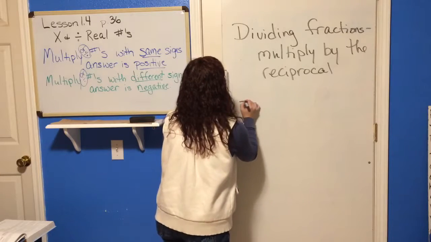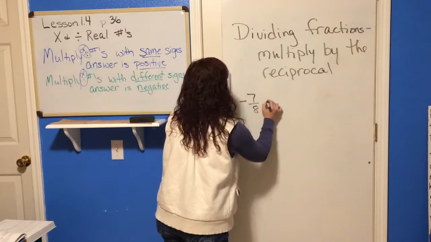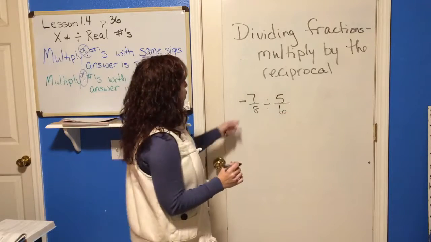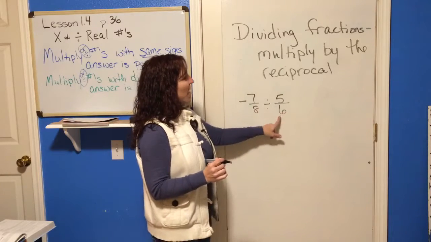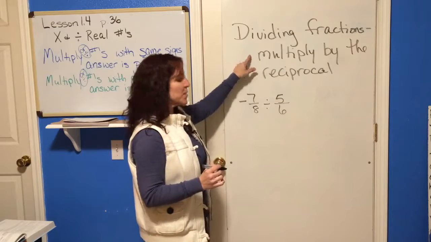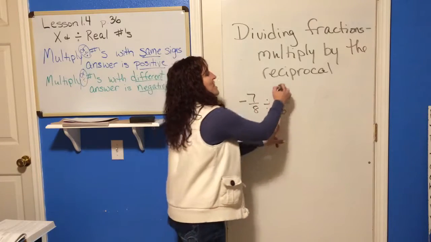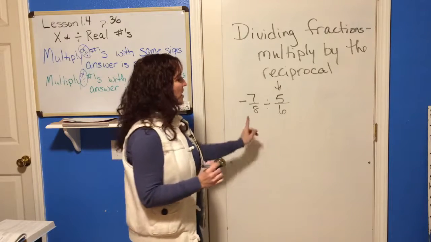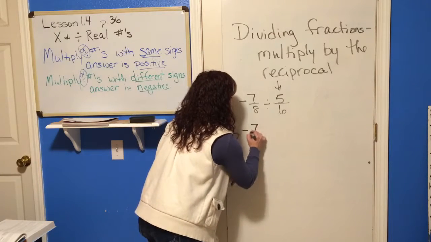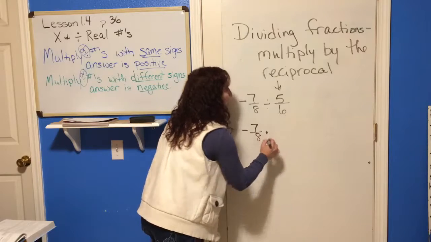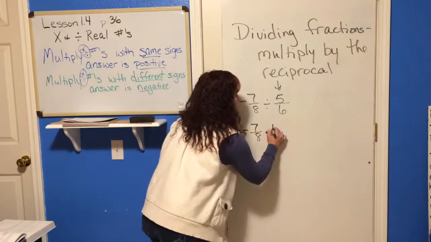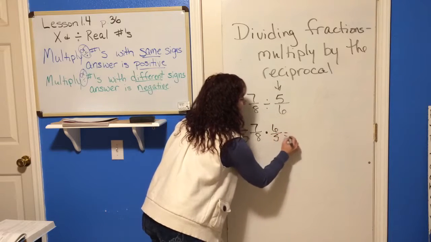So what you're going to do is -7/8 divided by 5/6. We're going to multiply by the reciprocal. It's always going to be the second number that you take the reciprocal of. Leave the first number the same, so -7/8. And now you multiply by the reciprocal of your second number, 6/5.